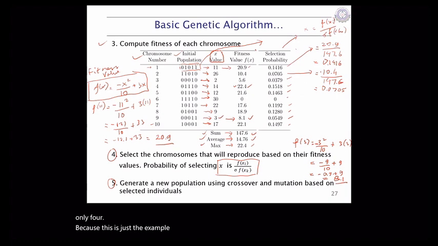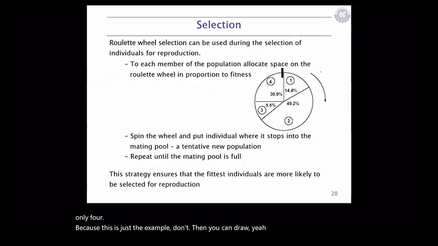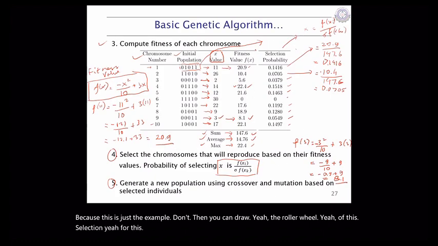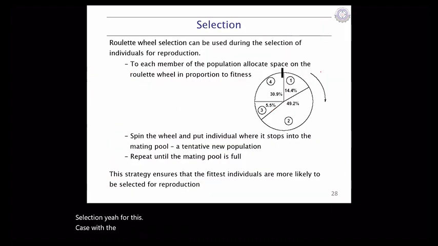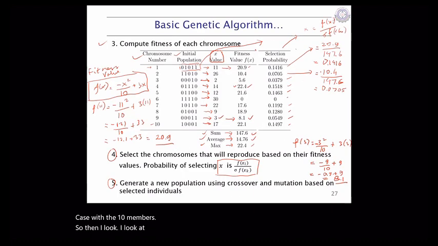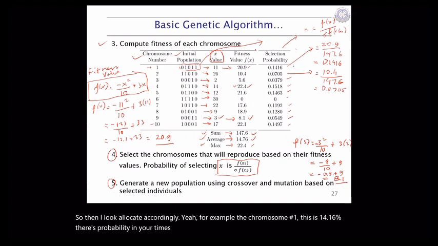Then you can draw the roulette wheel of this selection, for this case with the 10 members, and allocate accordingly. For example, chromosome number 1 is 14.16%, that's the probability. You times it by 100%, and this is 7%. And the third member is 3%, and the fourth is 15%.